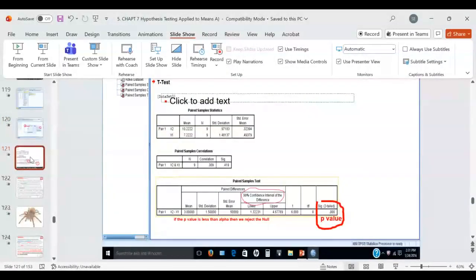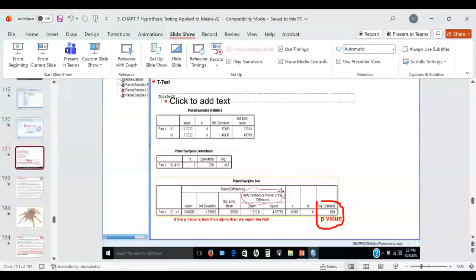And this is your output. As you can see, it calculates the mean for X2, mean for X1, and the standard error on top. And so, there's 9 people. And at the bottom, once again, if I give you this for the midterm or final, and I ask, what's the alpha here?